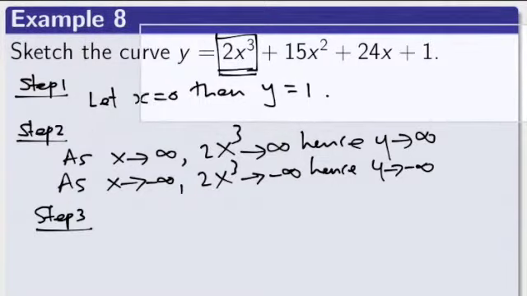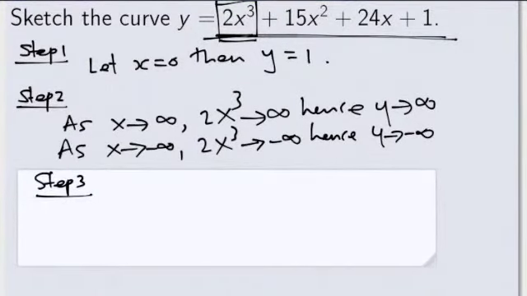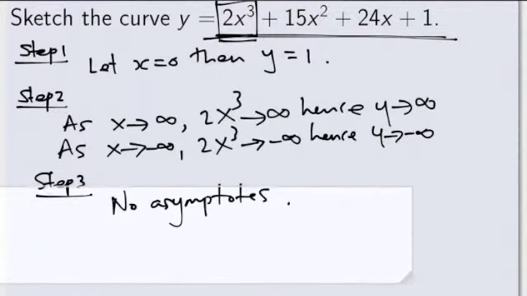In this expression for y, there are no values of x that make y undefined, so there are no asymptotes. We will look at an example later where we will determine the asymptotes.